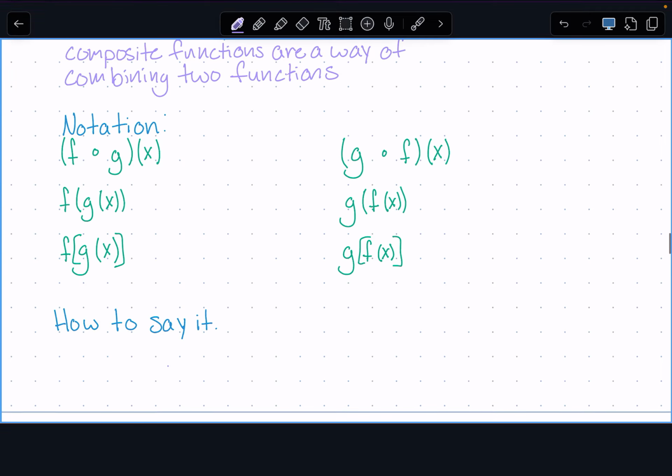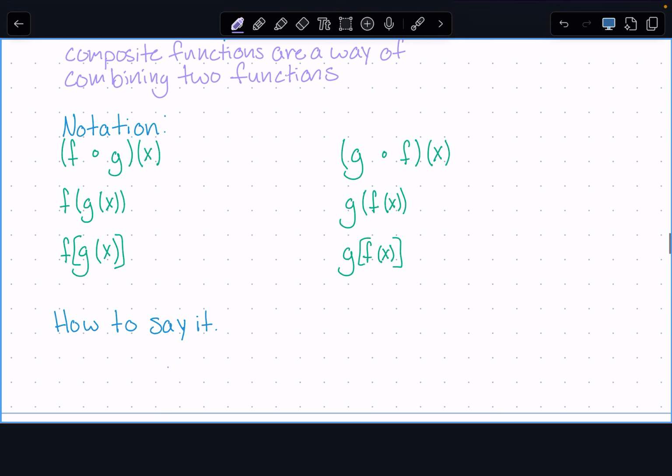There are 3 different ways to notate. We can either do these parentheses f little circle g parentheses x. This one is my favorite. To me it makes the most sense because when we talk about just regular functions, we just have f of x, f parentheses x.